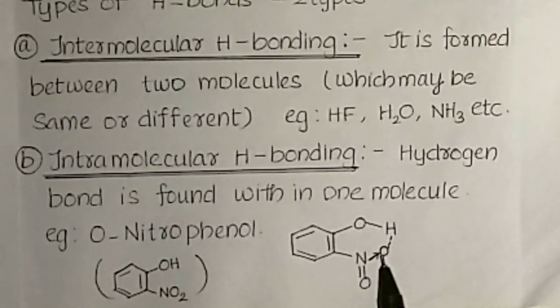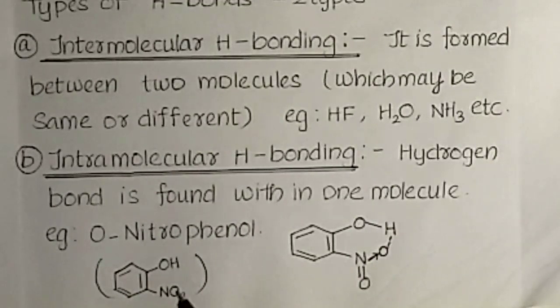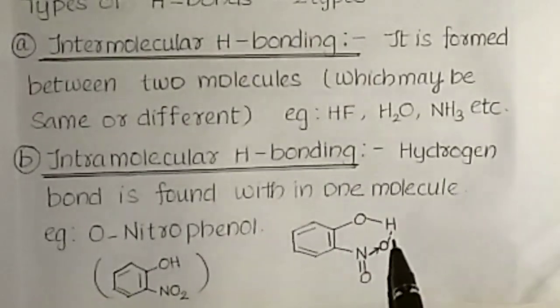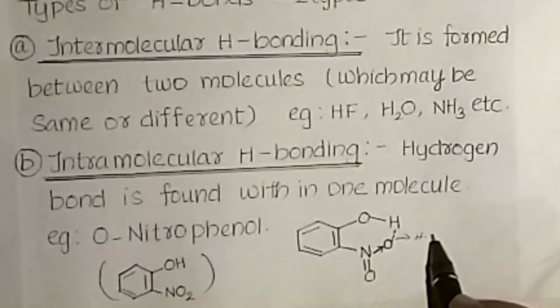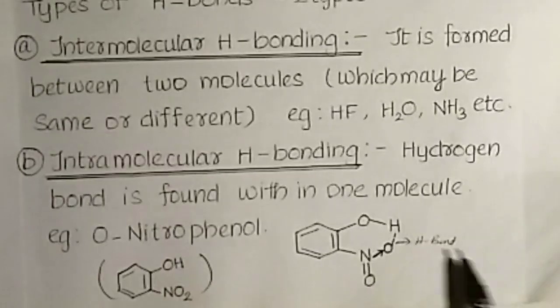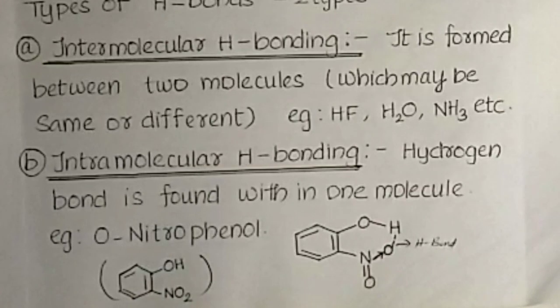So between this hydrogen and one oxygen a force of attraction exists. That bonding is shown by the dotted line, indicating hydrogen bonding. So when the bonding is present within one molecule, it is known as intramolecular hydrogen bonding, and between molecules it is known as intermolecular hydrogen bonding.